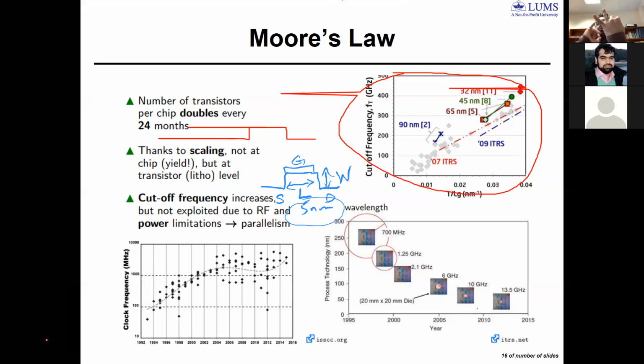Area goes down, meaning cost benefit in terms of area; frequency goes up, so you can target more bandwidth; but power goes up too. That is not a good thing, which we need to look into.